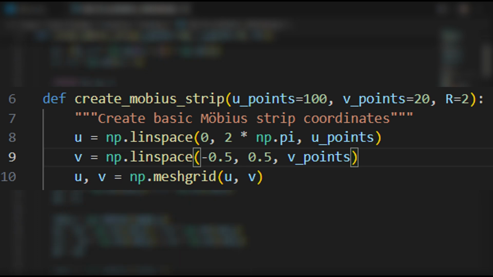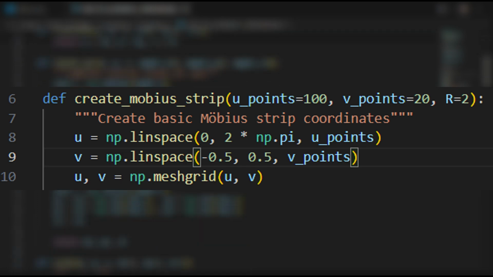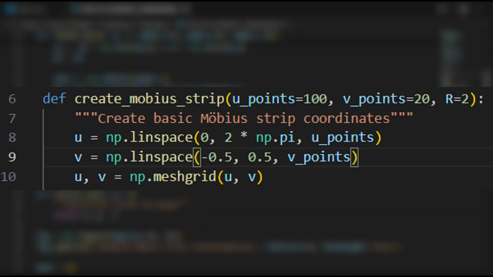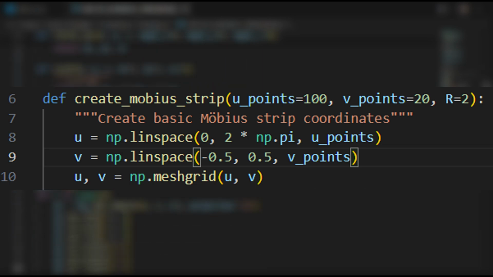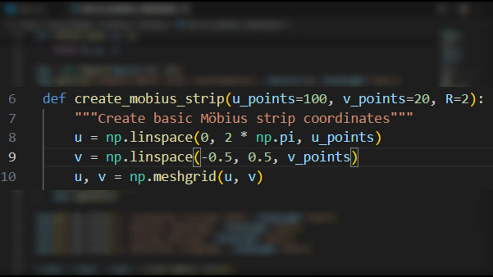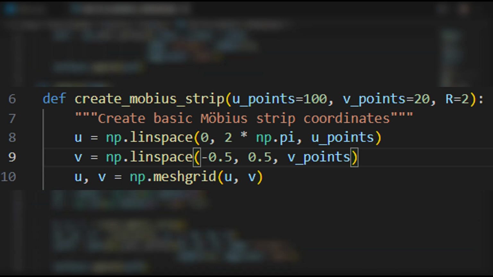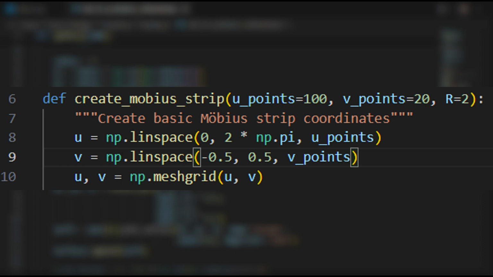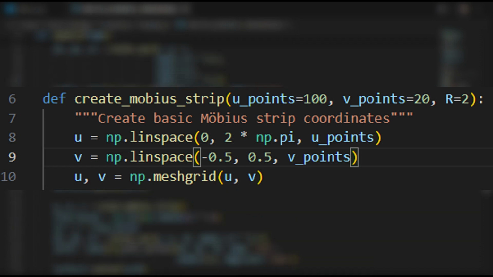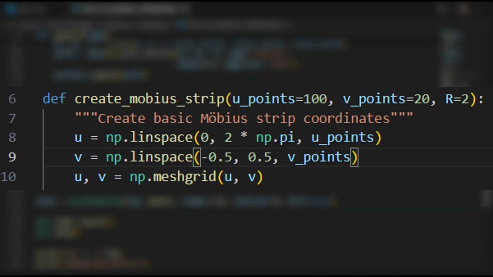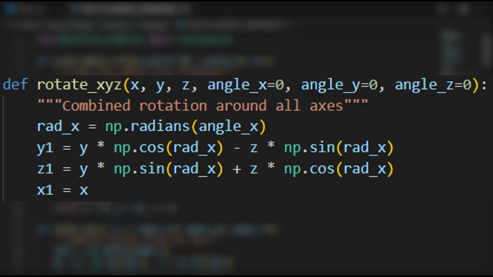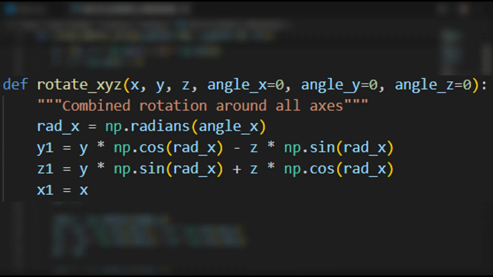It begins by converting the rotation angle from degrees to radians, which is required for trigonometric calculation. The rotation happens around the x-axis, so the x-coordinate remains unchanged. It's our axis of rotation, like an angle. The y and z coordinates transform using matrix formulas derived from linear algebra.